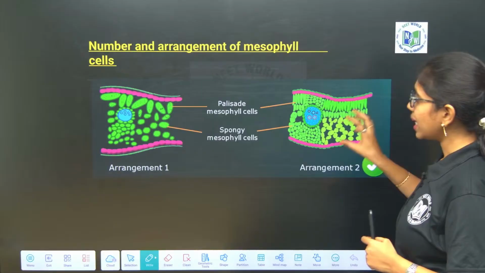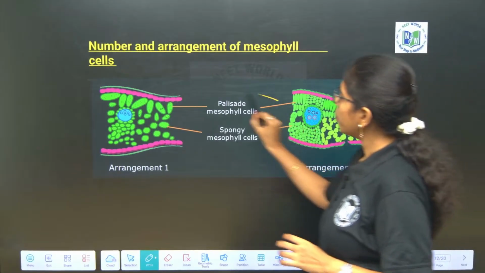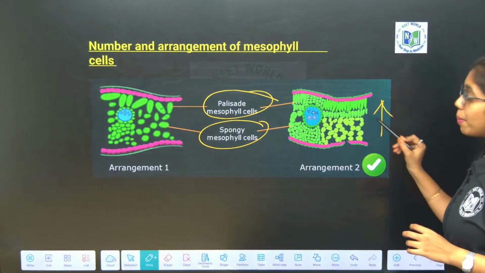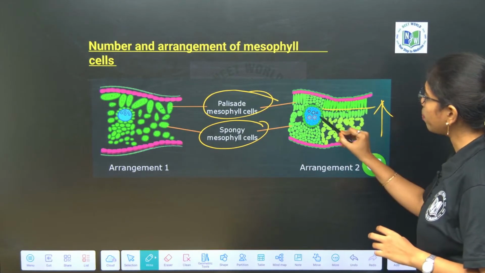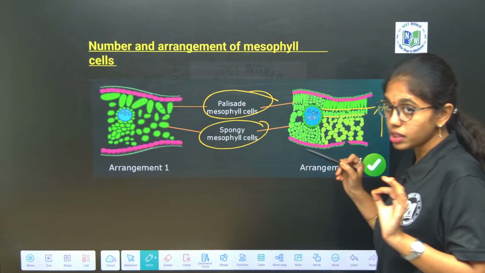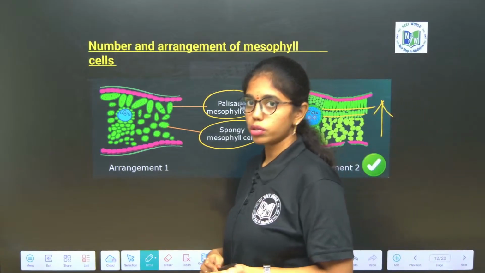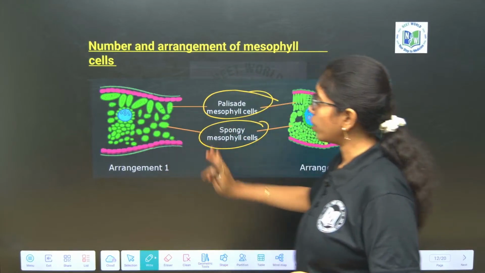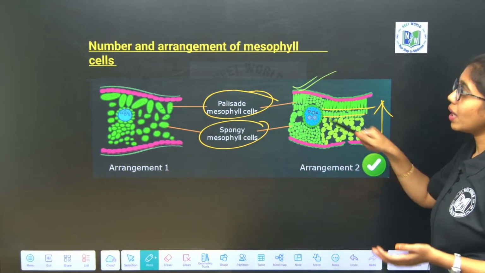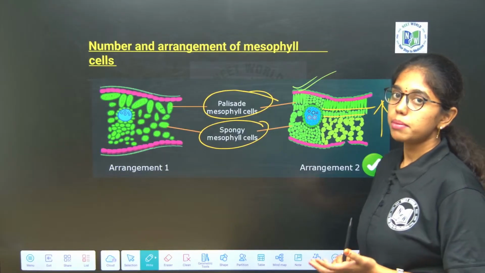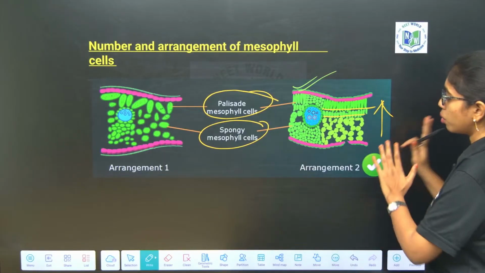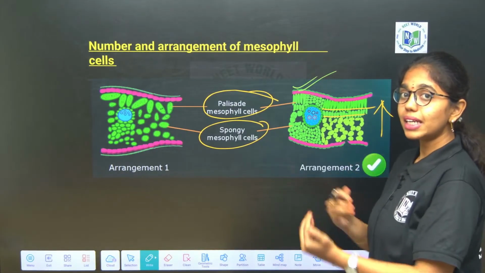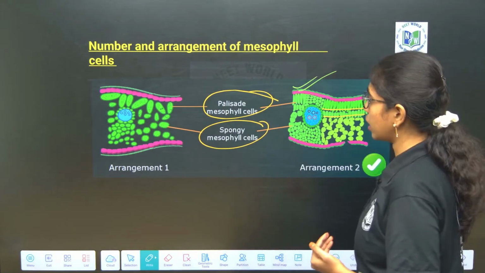So this will increase the rate of photosynthesis. Palisade parenchyma, which are tightly packed with less intercellular spaces, will conduct a higher rate of photosynthesis than leaves which have only spongy parenchyma. So this is how number and arrangement of mesophyll cells is affecting photosynthesis. Clear now? So this arrangement which has palisade and spongy mesophyll cells will conduct a higher rate of photosynthesis.